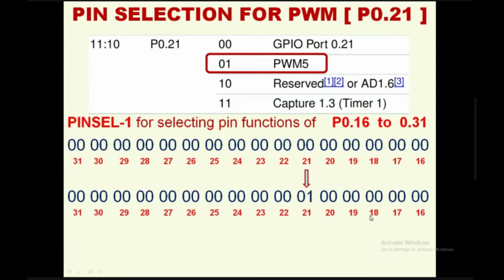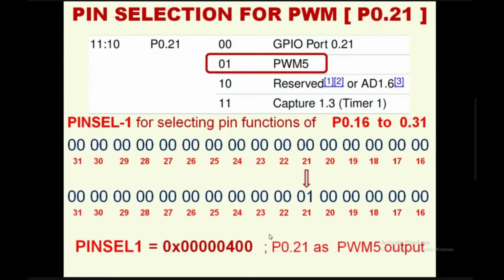Okay, so 400. So 400 is the pin cell 1 value as you see here on the screen. So pin cell 1 equals 0x0000 0400. Through this we are able to understand that P0.21 pin is configured as PWM5 pin with respect to the discussions that we have so far.